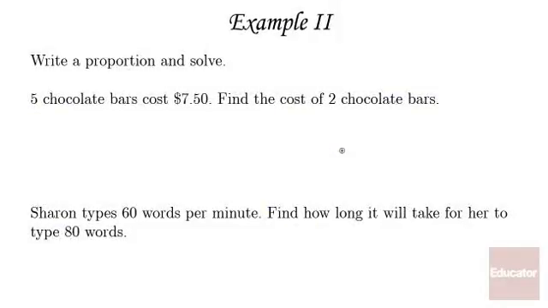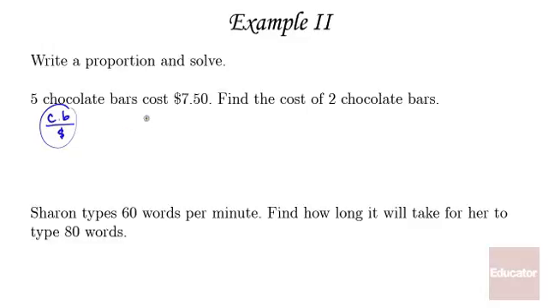Example 2, write a proportion and solve. 5 chocolate bars cost $7.50. Find the cost of 2 chocolate bars. So my word ratio, chocolate bars, and then you can do money on the bottom, or you can just do money on the top and the number of chocolate bars on the bottom. Doesn't matter. Okay, there's my word ratio.